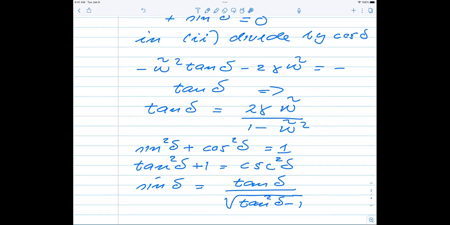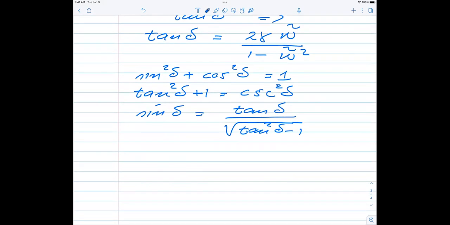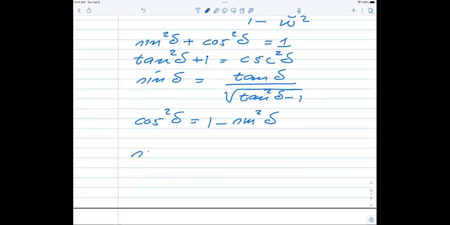And we'll also use another relation here, we need a cosine. So we have cosine squared delta, which is equal to 1 minus sine squared delta.